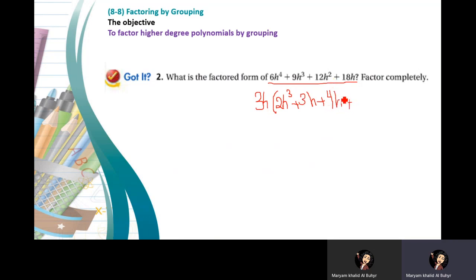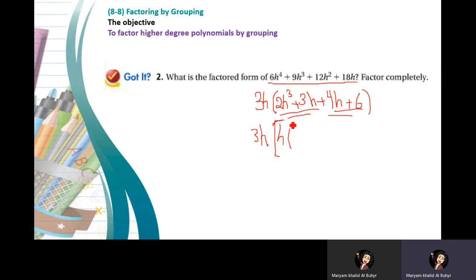So plus, what is the number that once you multiply it by 3, you will get 18? 6. Just h, you already took it outside. Just take this part, take the common factor between them. So here, what is the common factor between them? h. So 3h, leave it outside.